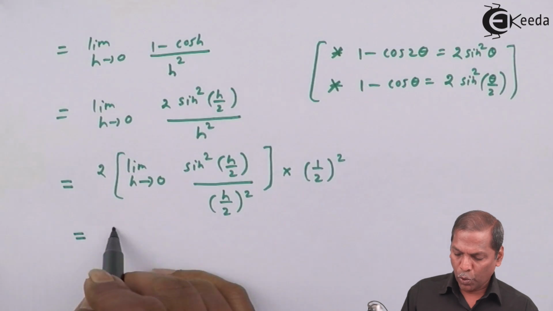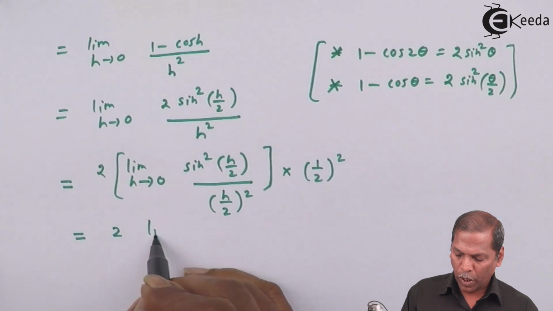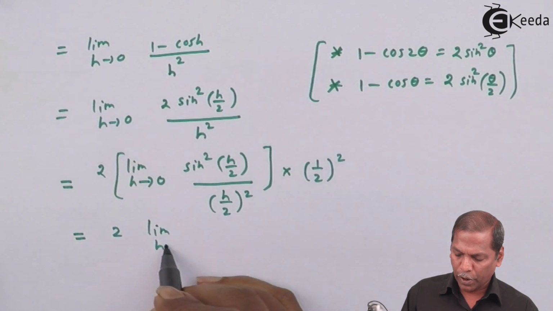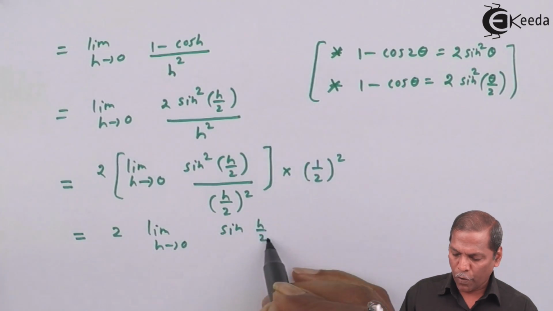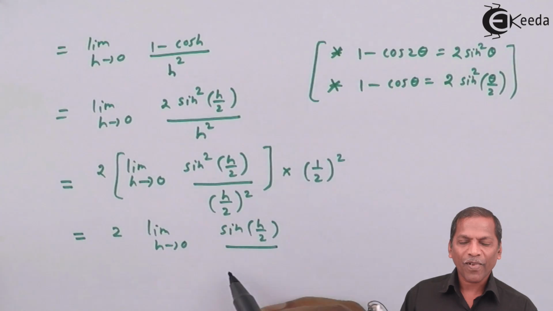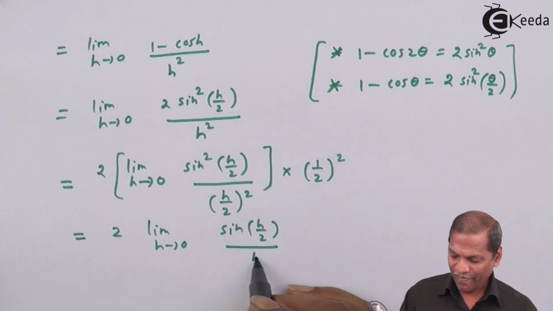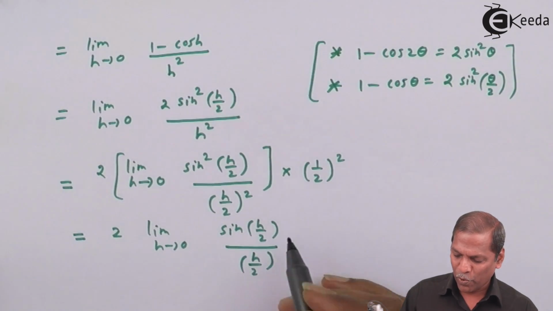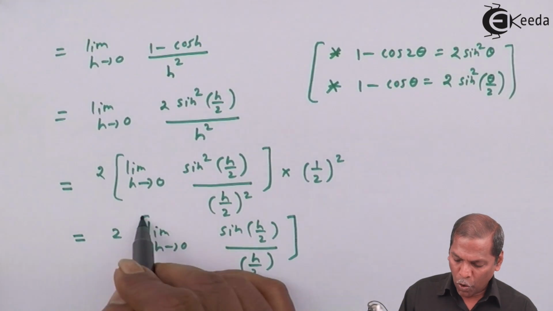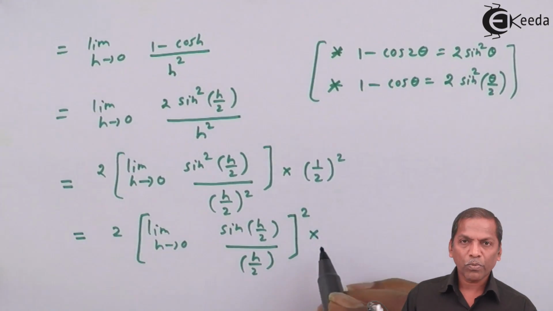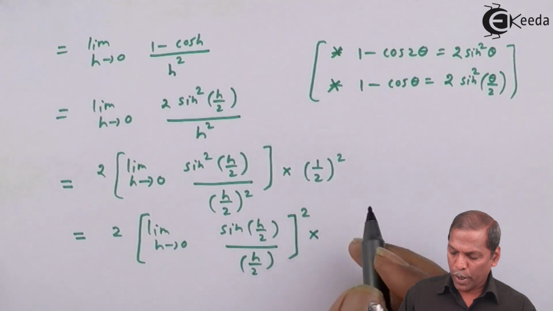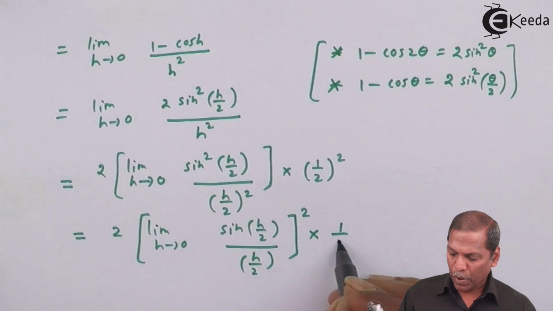Now this gives 2 into limit h tends to 0 of (sine of h by 2 upon h by 2) whole bracket square, into, now (1 by 2) whole square gives 1 by 4.